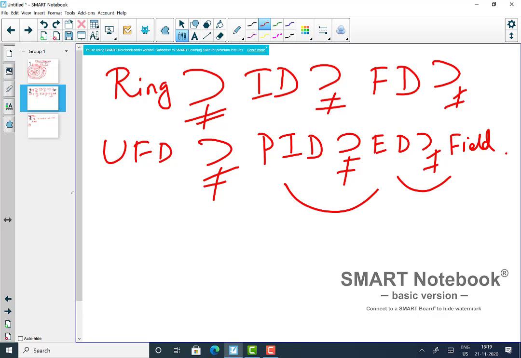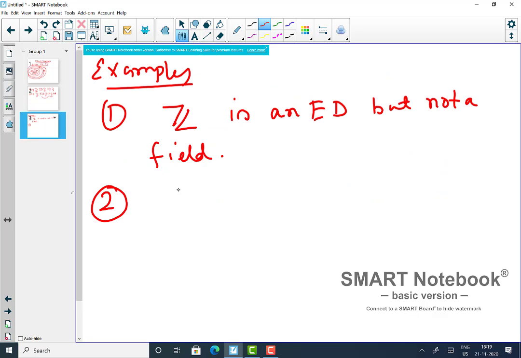Now for this portion, we already proved that Euclidean domains are principal ideal domains, but the question is whether every PID is an ED, and the answer is no. For example, Z[(1+√-19)/2].